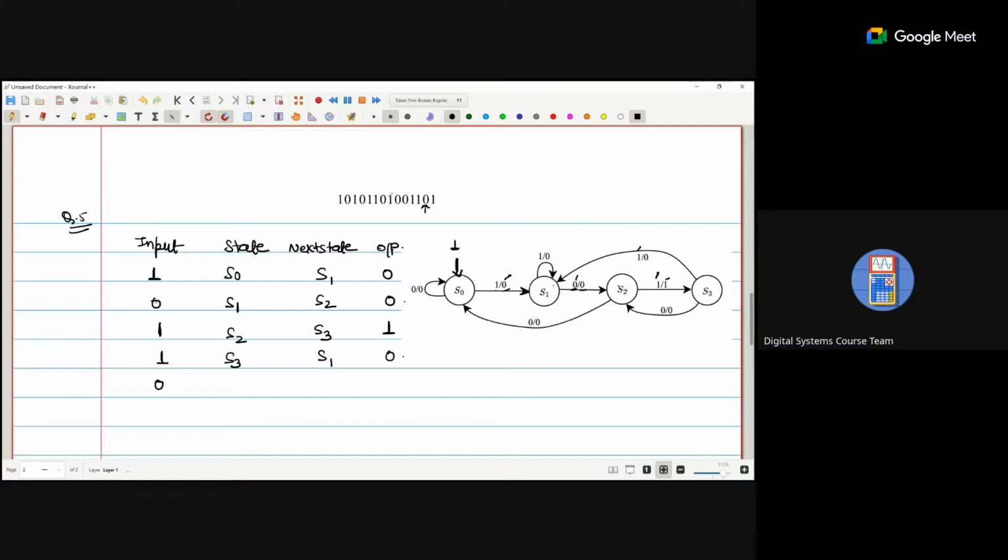Again 0 is coming. So present state is S1, next state is S2 and output is 0. Again 0 is coming. So present state is S2, next state is S0 and output is 0.